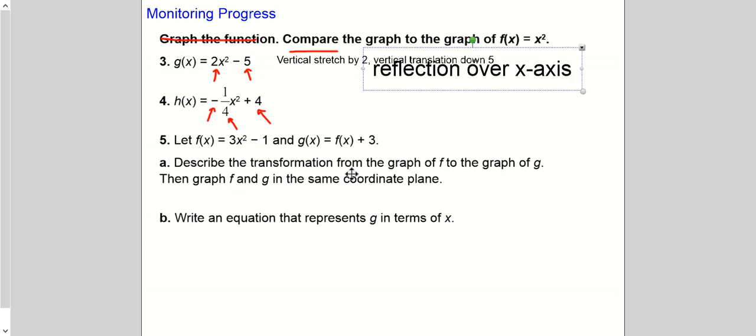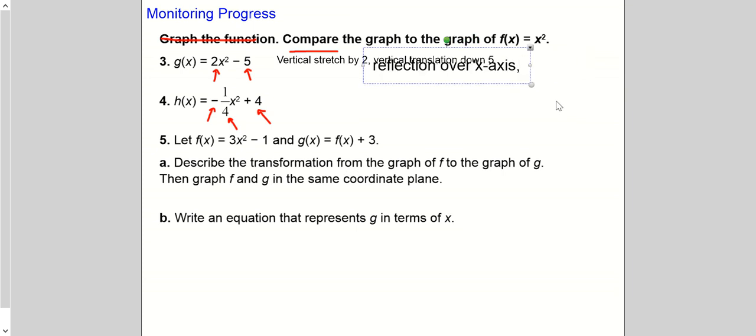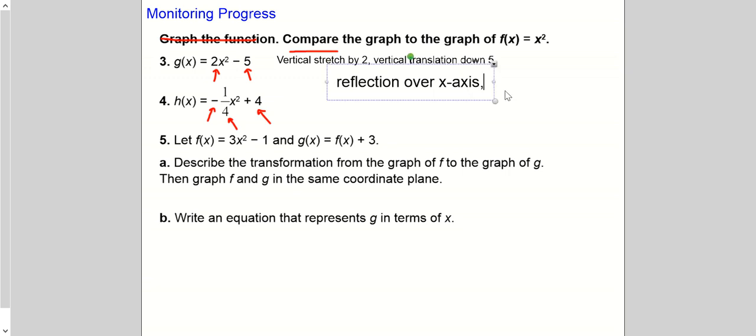Eventually we'll learn how to reflect over the y-axis. What else? Multiplying by 1/4 doesn't make it bigger, so it's not a stretch. What's the opposite of a stretch in this case? A shrink. So we get a vertical shrink by 1/4.